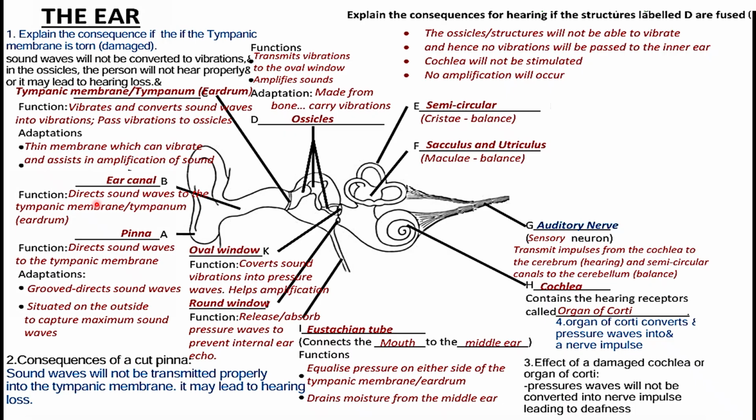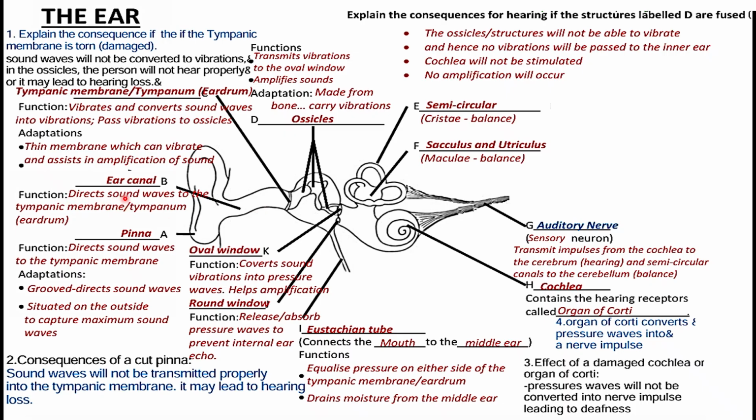The ear canal is there to transmit sound waves to the tympanic membrane. Here we would also want to know what will happen if it is blocked. If this section of the ear is filled with wax and it becomes very hard and blocks the passage, what will be the consequence?